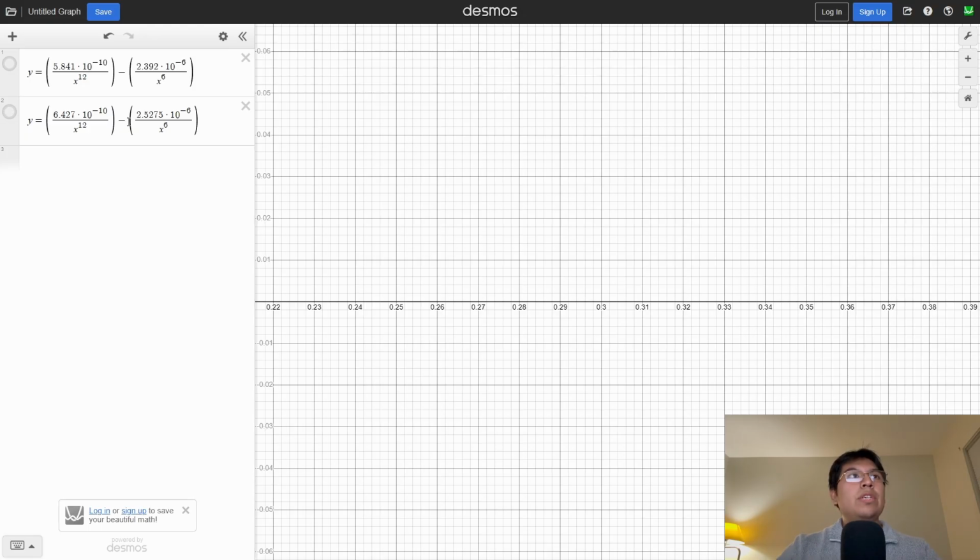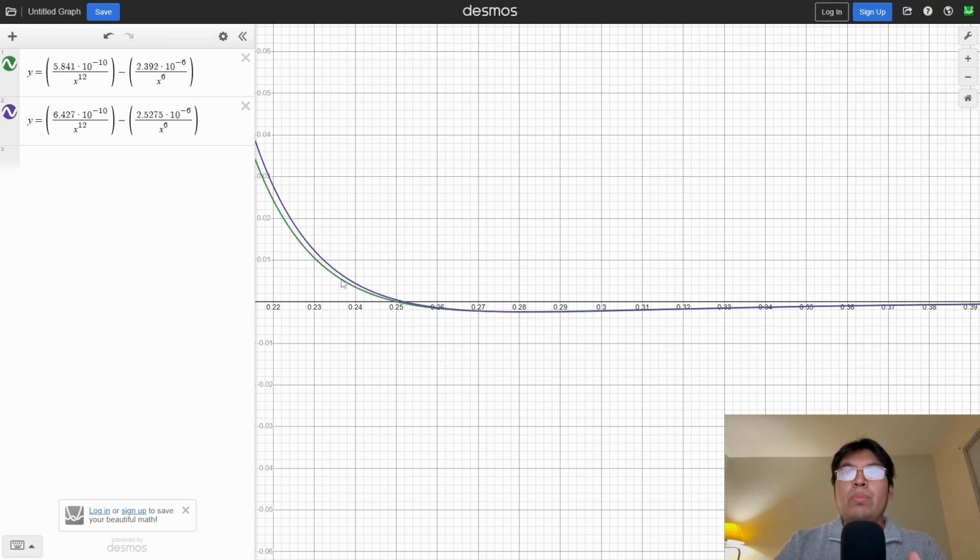So as we can see here, the first one is going to be this green one, which is going to represent the relationship for aluminum. And the second one, the purple one, is going to be the relationship for the iron.